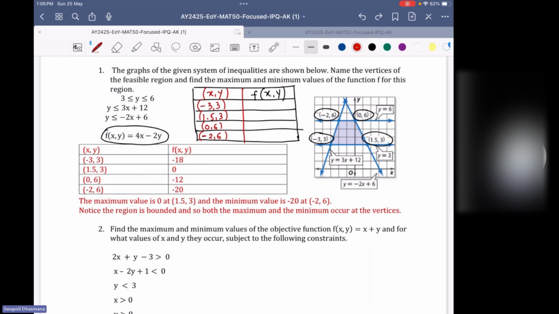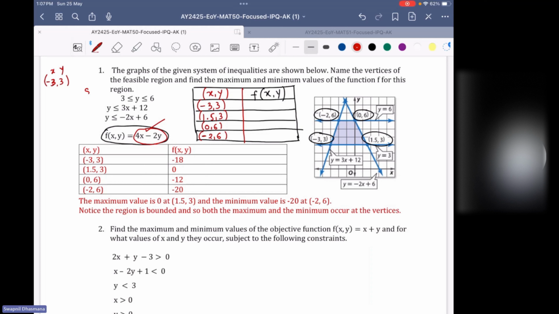Now for f(x,y), you will use this function. You can write this on the calculator, and then you can just do calc and substitute the values, or that'll be actually difficult. You can write this with the replaced value. So for example, if I am doing for negative 3, 3, this is x, this is y.